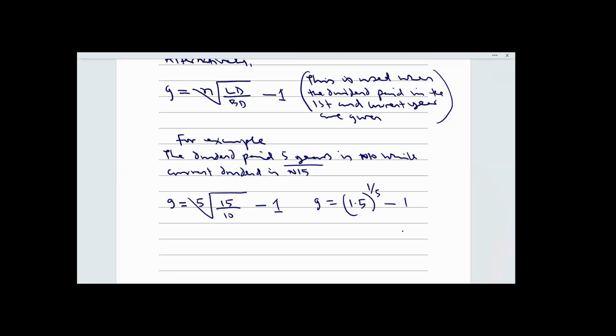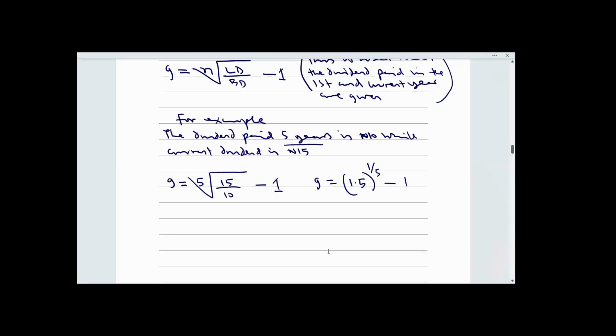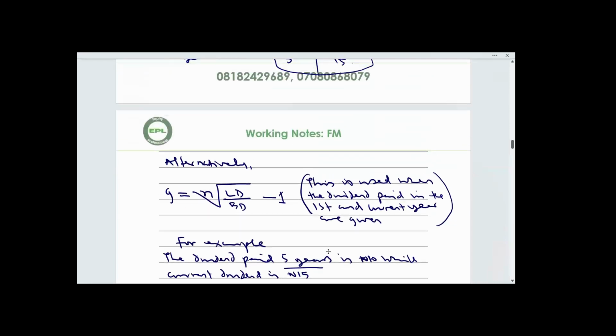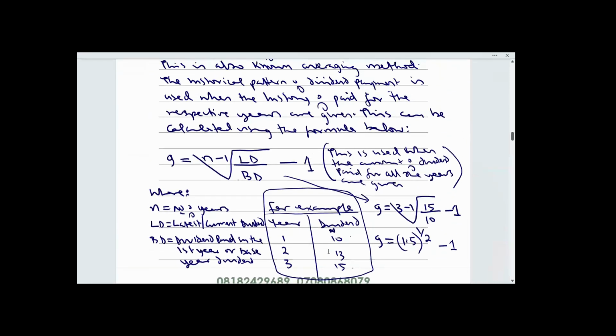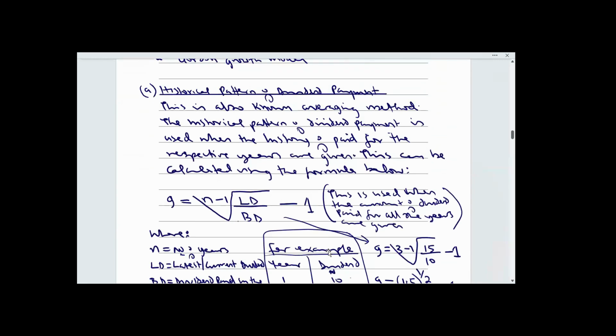So this is how to calculate growth rate using the averaging method or historical pattern of dividend payment. Let me know if you have any question on this before I do the last one, and that's where we are going to stop. All right.